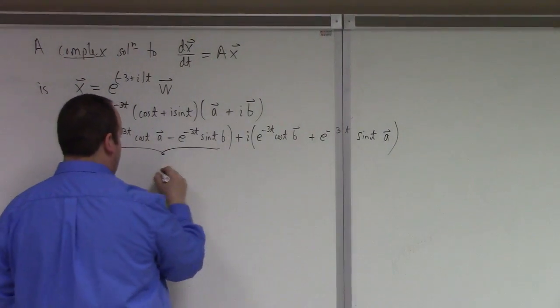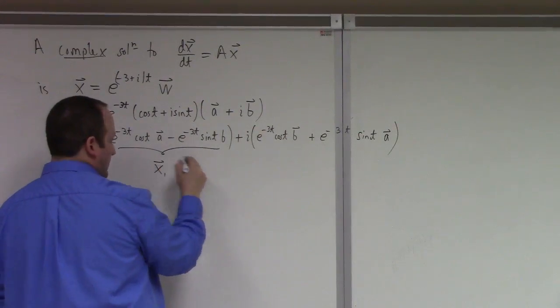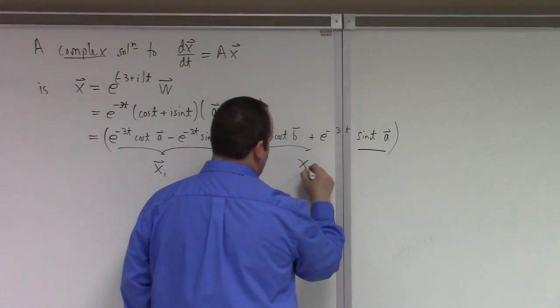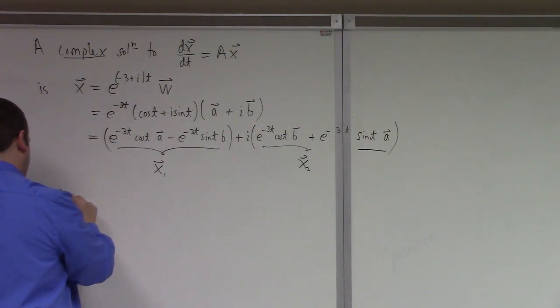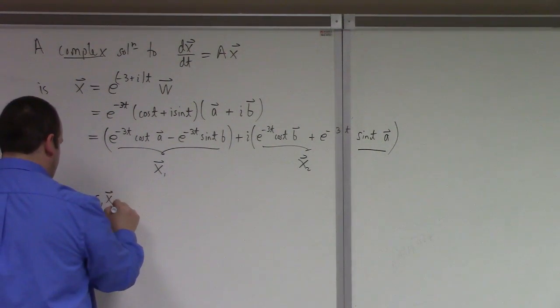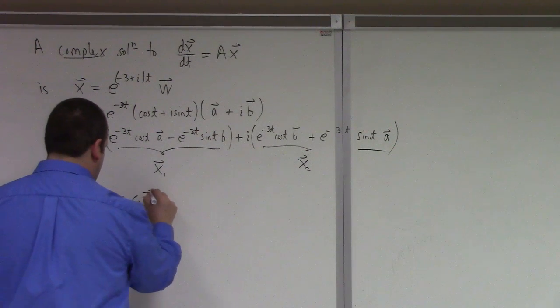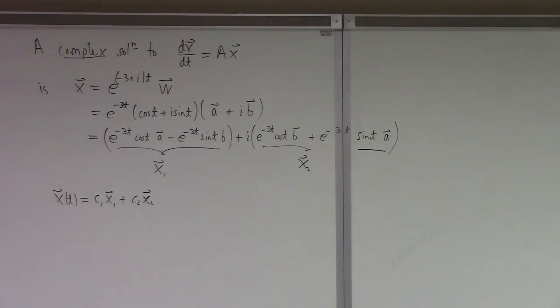This is like the x1, and this over here is x2. The general solution has the form x of t is equal to c1 x1 plus c2 x2. That is, in fact, the general solution to the original 2x2 system.